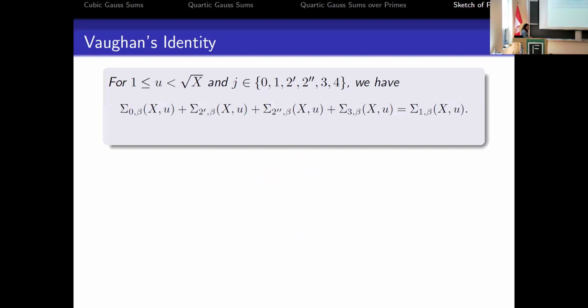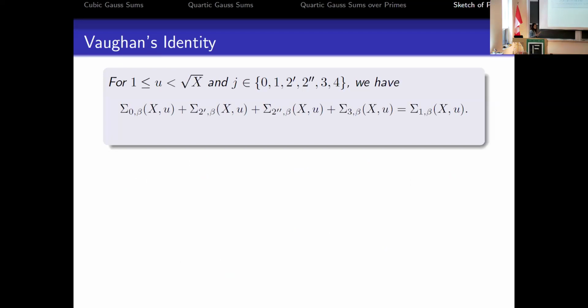All right, so now going back to our main theorem, how do we go about proving a result like that? The point of departure, just like in the work of Heath-Brown and Patterson, is Vaughan's identity, because we're trying to estimate a sum over primes. And Vaughan's identity has proved to be an extremely powerful tool in estimating sums over primes, because it allows us to decompose these sums into two types of sums, type 1 and type 2.